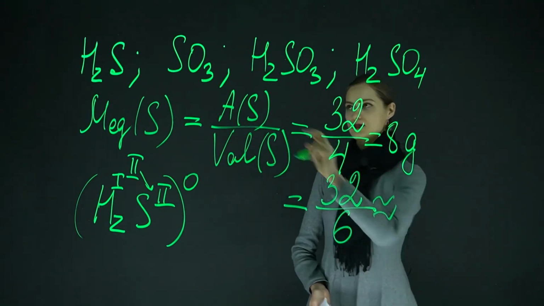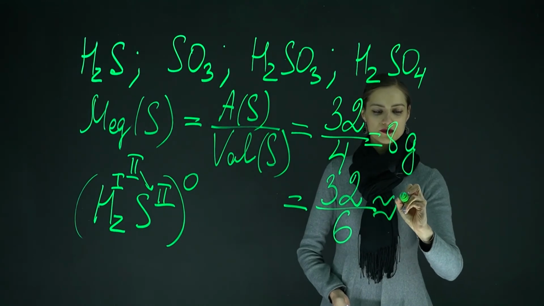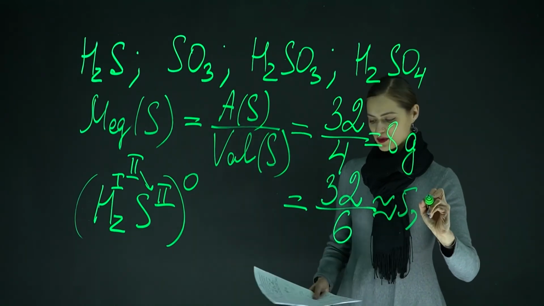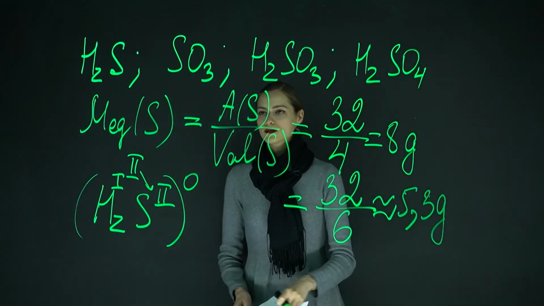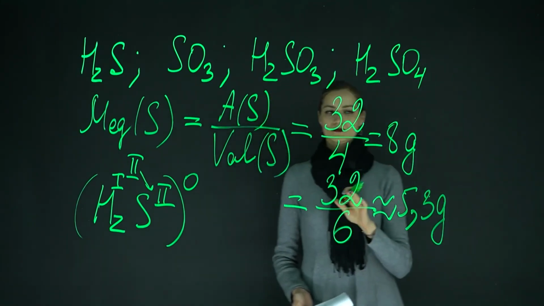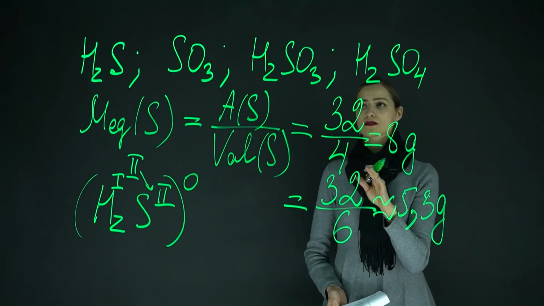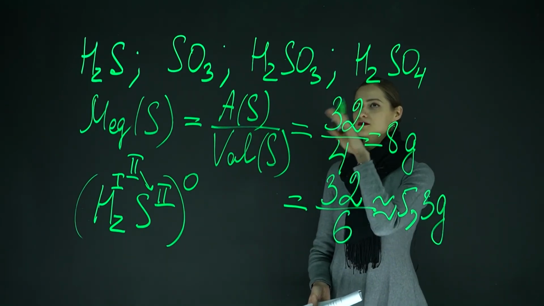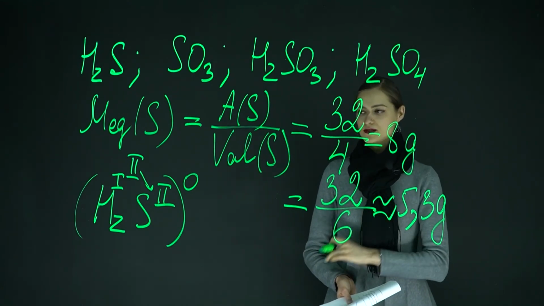So as in the second example, we have equivalent mass of approximately 5.3 grams. So now you can see that equivalent mass for sulfur can be different, and it depends on the complicated substance.